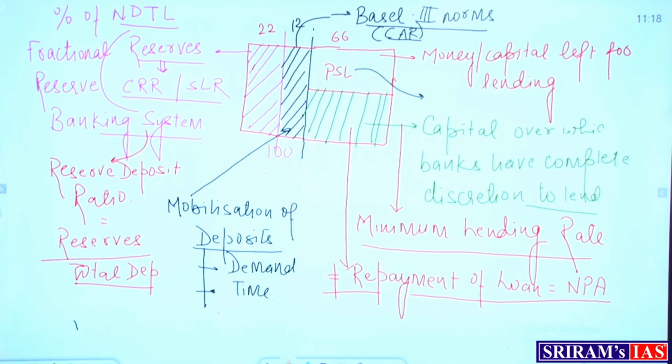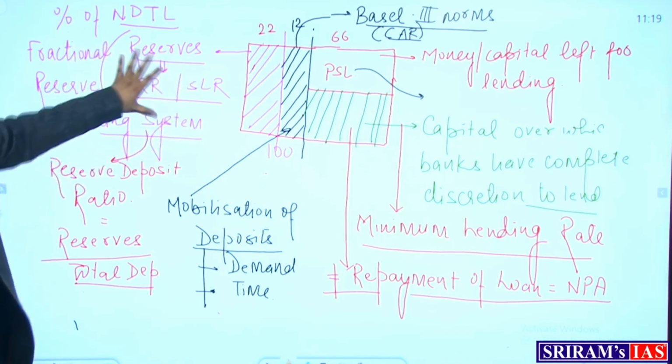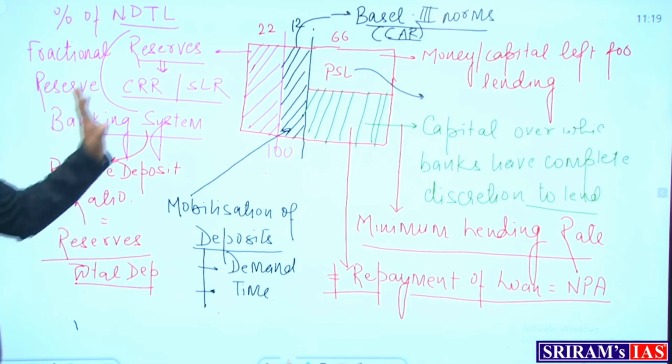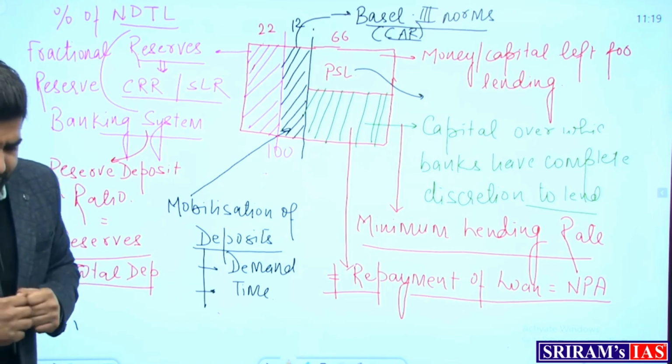I have put this in a single diagram itself so that you remember how these various concepts are interlinked. Now, starting with the first one, I am not taking this, I am pretty sure you have gone through a detailed discussion about the reserves, CRR, SLR. Clear? Just one point, tell me.